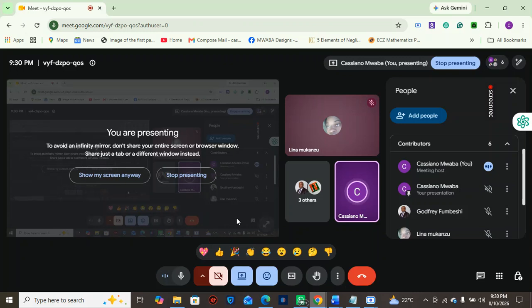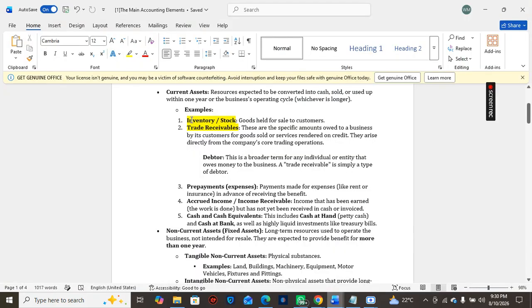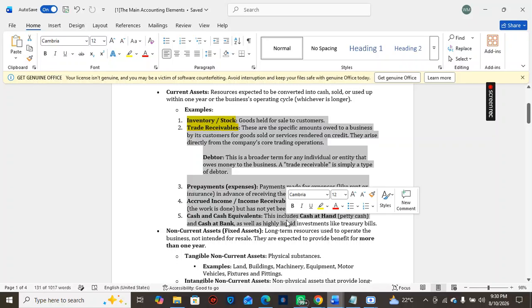When government wants to borrow money in the short term, they issue treasury bills. So the company can hold on to those treasury bills, and when the company needs money, it can resell them. Colleagues, are we okay with the current assets? These are the main current assets you'll be seeing in this course. Are there any questions?